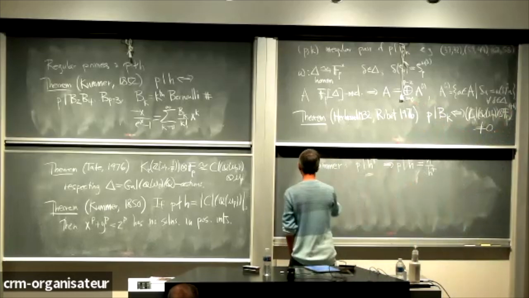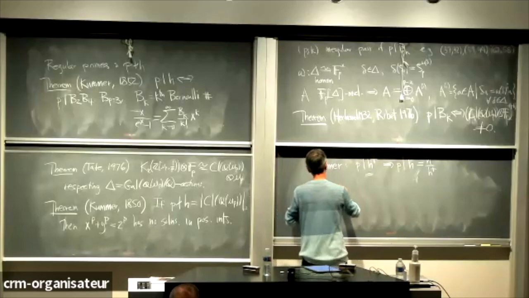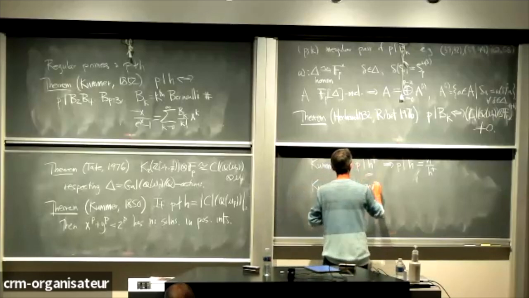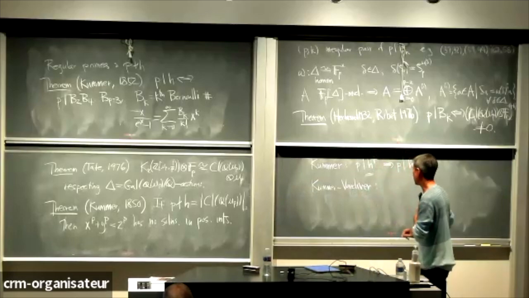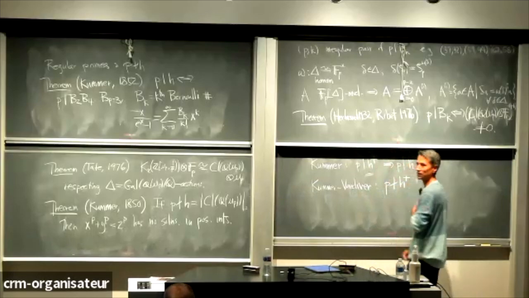And in fact, the Kummer-Vandiver conjecture, it was called the Vandiver conjecture for a while, but he lived much after Kummer, and Kummer had sort of studied it. And that's: p does not divide h plus.